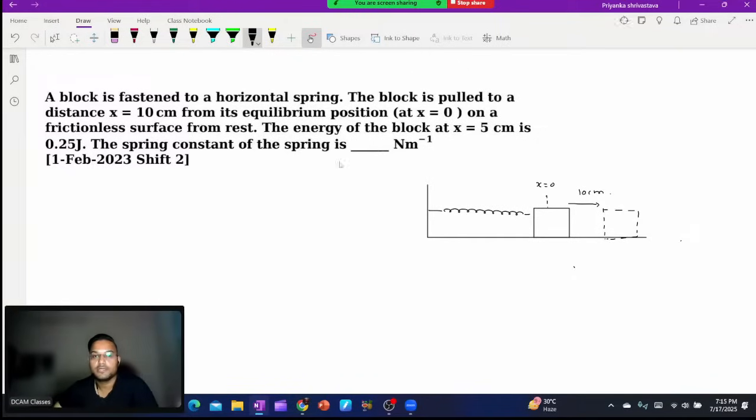On a frictionless surface from rest, energy of the block at x is equal to 5 centimeter, means energy of the block at this position, x is equal to 5, is 0.2. This is the total energy they are saying.